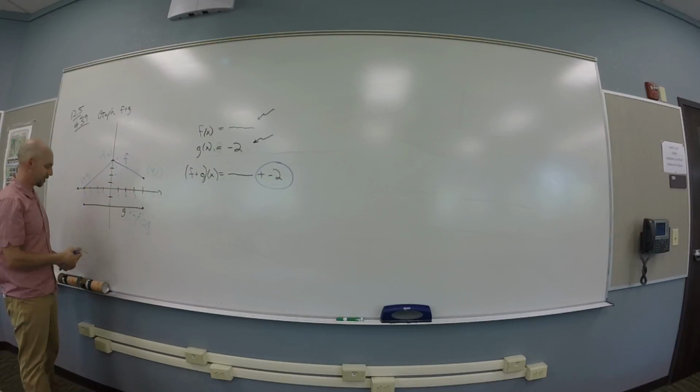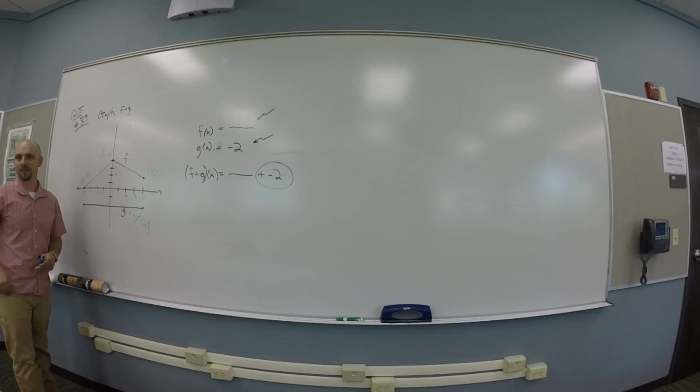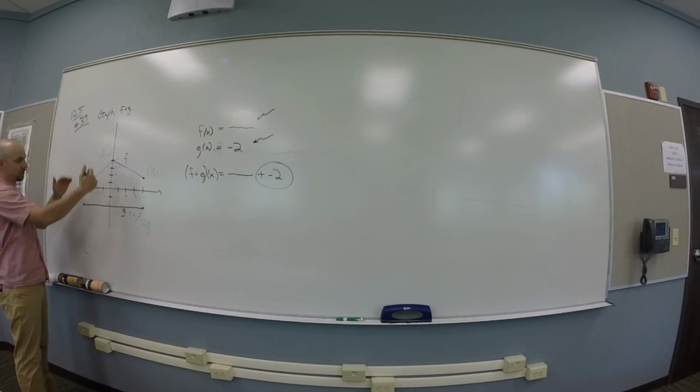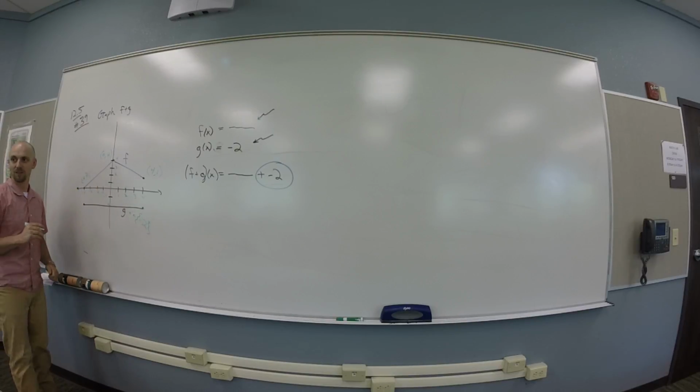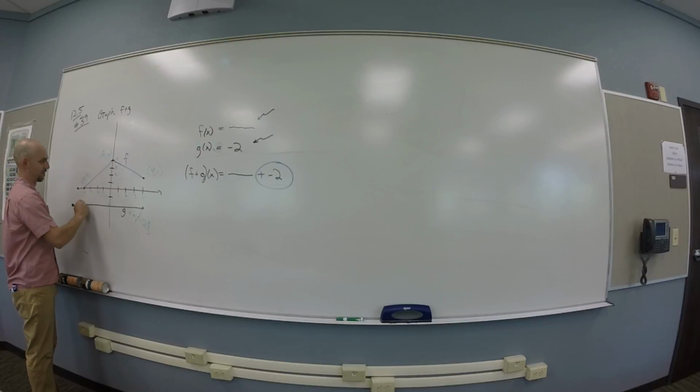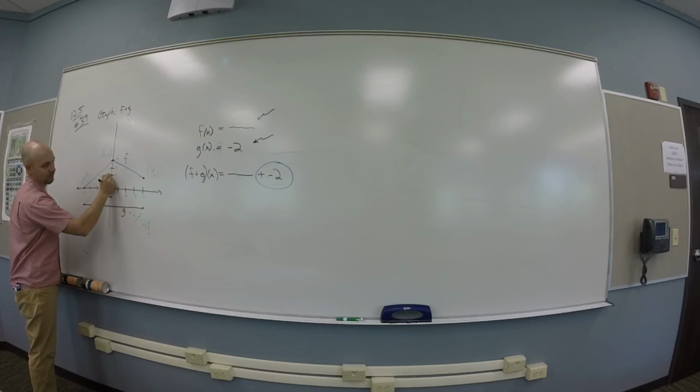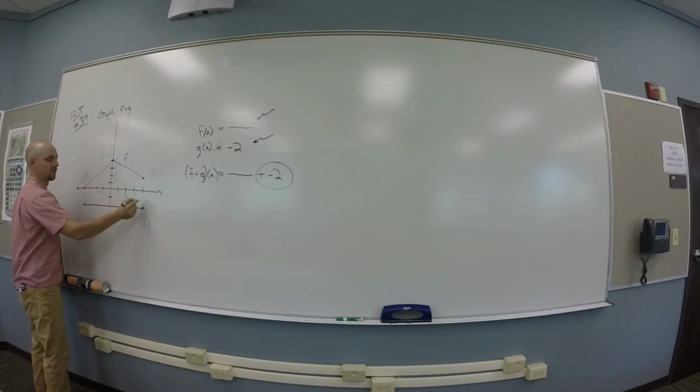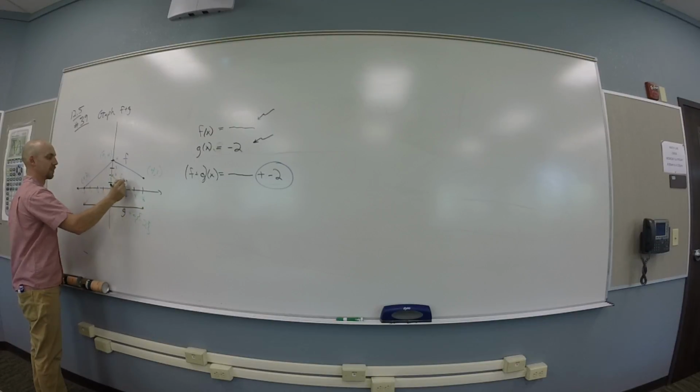So you take this blue picture, and the new picture that you want for f plus g is just that thing shifted down 2 units. You guys see that? Cool. So that's f plus g.